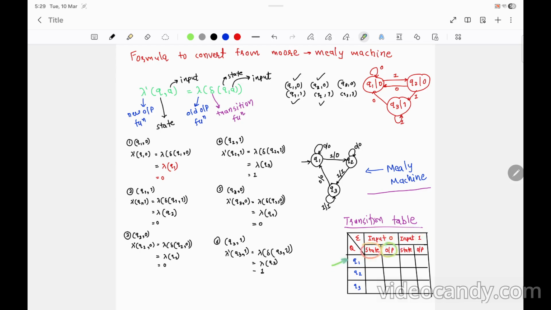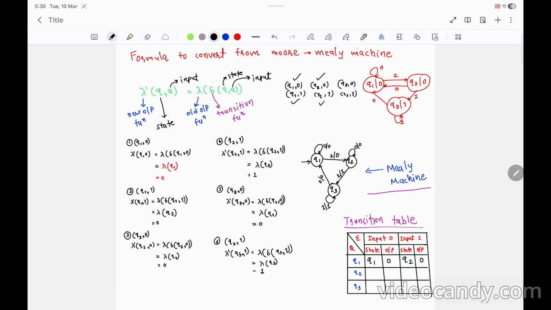For state Q1 with input 0, we get state Q1 with output 0. For input 1, we go to state Q2 with output 0.